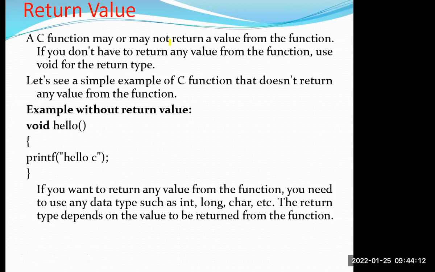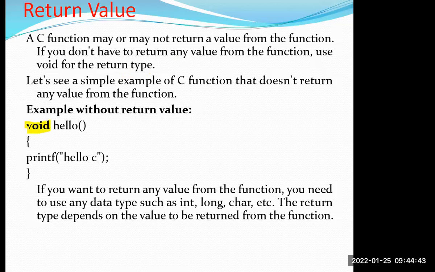We'll see that later by using simple example programs, to understand what value we are returning and what not to return. There are different ways. If you do not have to return any value from the function, use void for the return type. Void means return nothing.